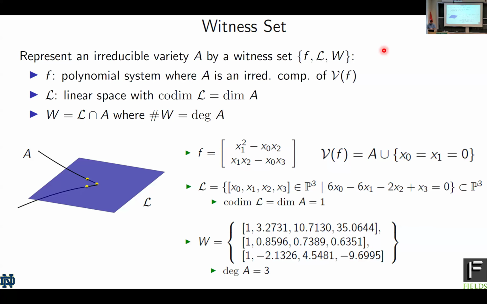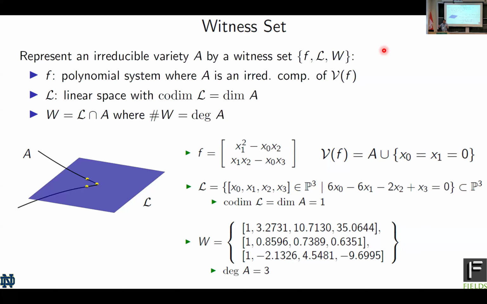Do you generally take the number of polynomials in F to be the codimension? To be numerically robust, the number of polynomials is the codimension. Exactly the codimension, because now things are robust. I can perturb things of the right codimension and it lives there. Even if it's not a complete intersection? If it's not a complete intersection, usually what you do is you randomize down to the right number of polynomials.